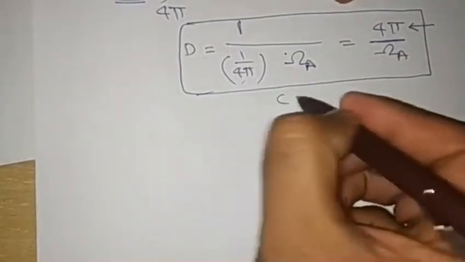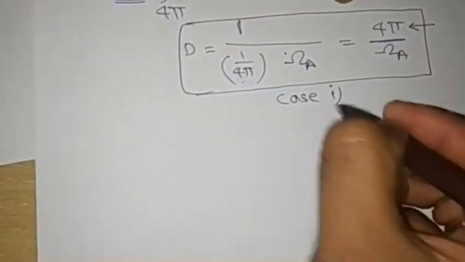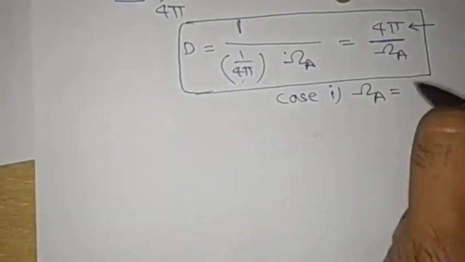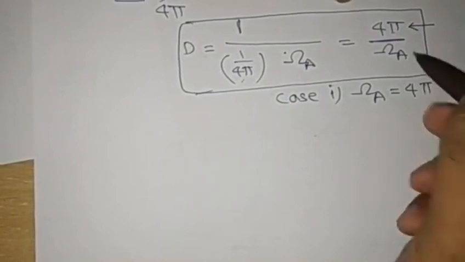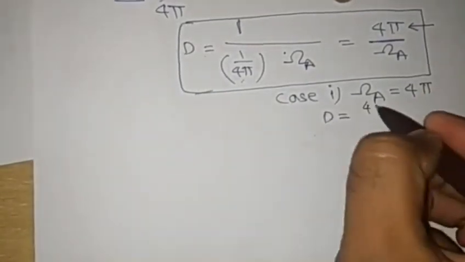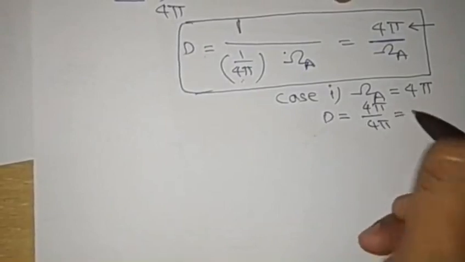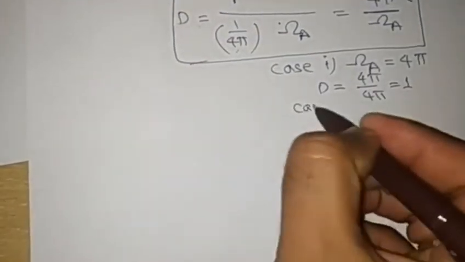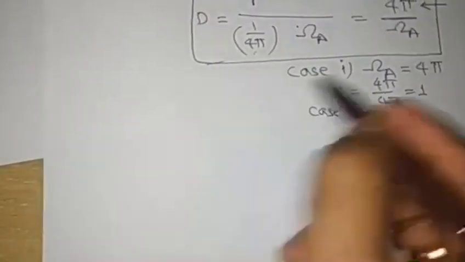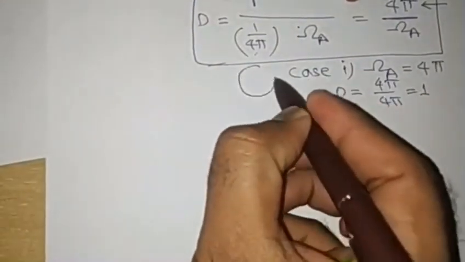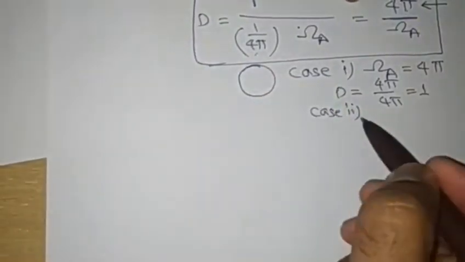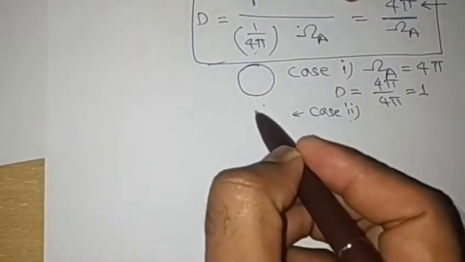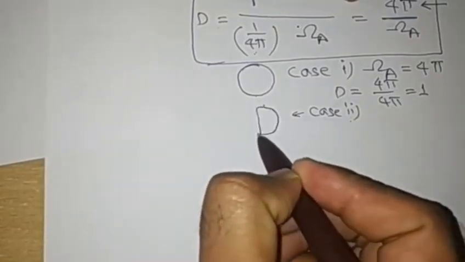Now in the very first case, suppose we assume that the denominator term omega a is the beam area subtended by a sphere again, then the directivity will become 4 pi divided by 4 pi, which is equal to 1. If we take some practical antenna's case, in case 1 the antenna is radiating over the surface of sphere. In the second case, let's say the antenna is radiating only over the half sphere.